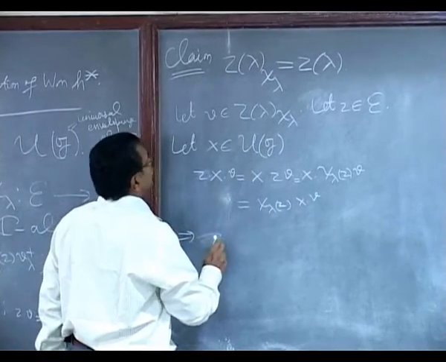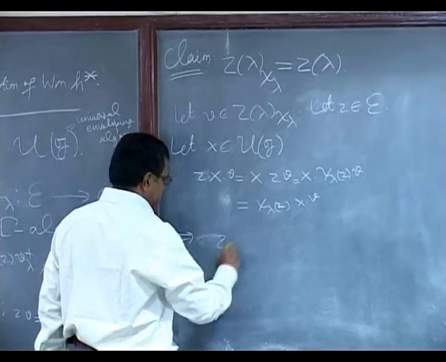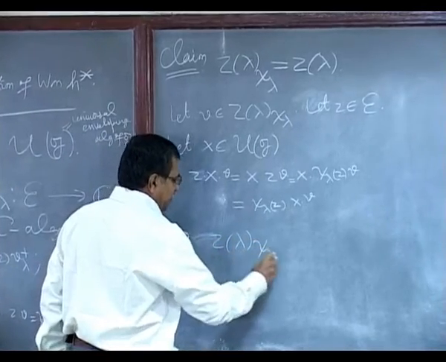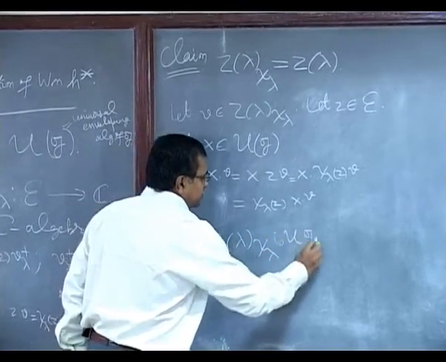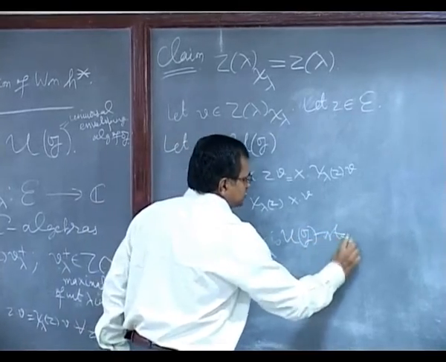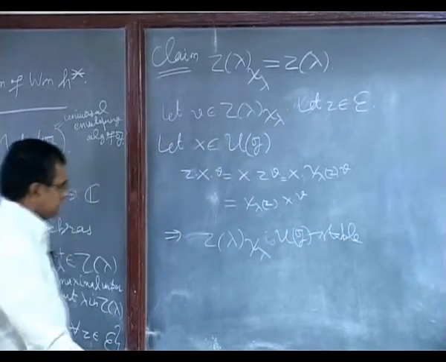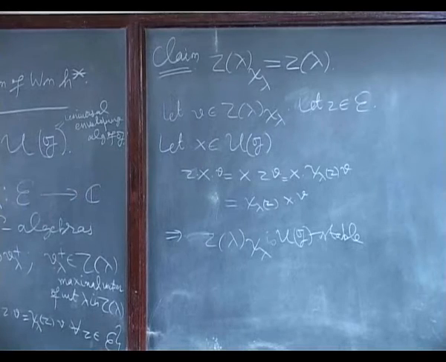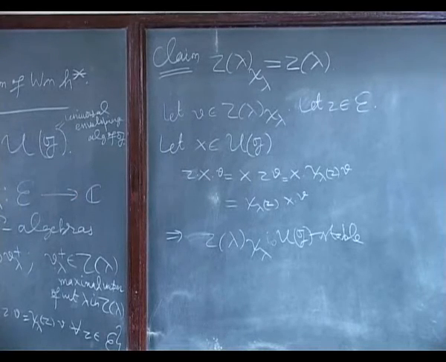Which means Z lambda chi lambda is U(g) stable. Right.